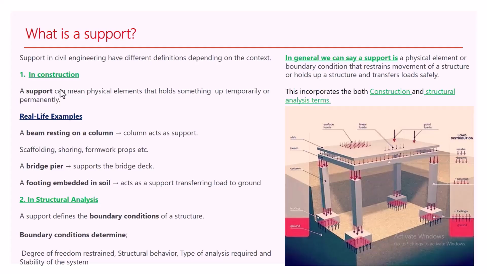So you see that the prop now serves as a temporary support. Then we can have a beam resting on a column, so the column acts as a support as well. Another example is a bridge pier supporting the bridge deck. So that is another meaning of support, classified under construction terms.